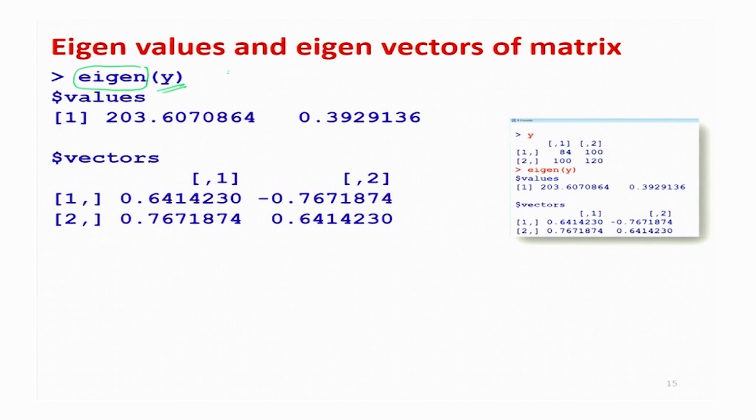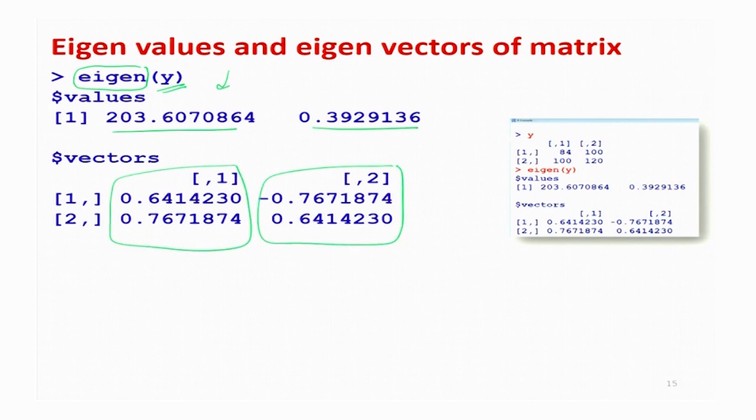If you execute it, these two values are the eigenvalues, and these two columns are the coefficients of the characteristic vectors, or the eigenvectors, corresponding to these eigenvalues. Those who are familiar with eigenvalues and eigenvectors will understand it very easily.